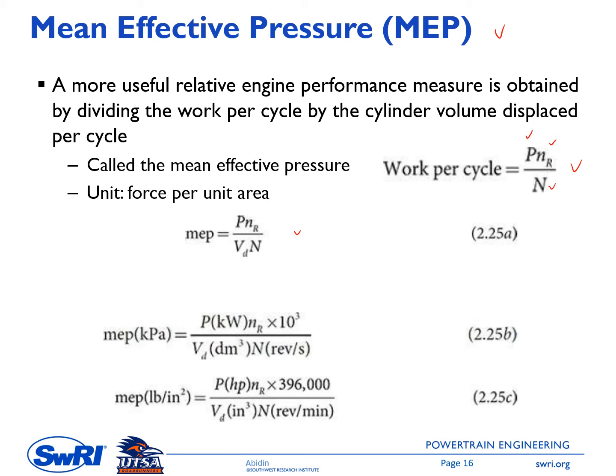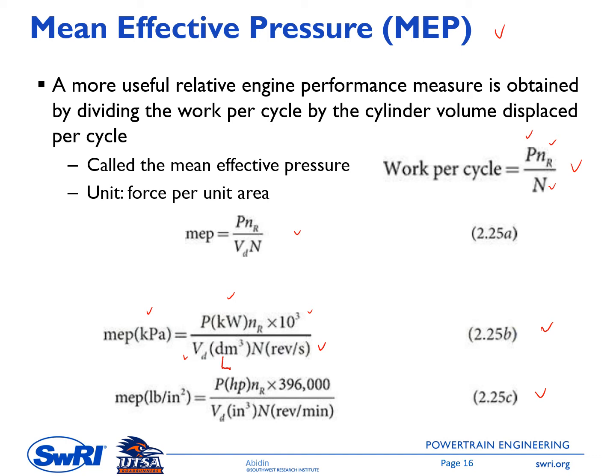And we have two other correlations here just to help us get the MEP in a certain unit. If you want to get kPa, we have power in kilowatts multiplied by 1000, and then VD is in cubic decimeters, so this is liters. One cubic decimeter equals 1 liter, and the engine speed is in RPS, revolutions per second. Or if you want to get the MEP in British units, we can use equation 2.25c.